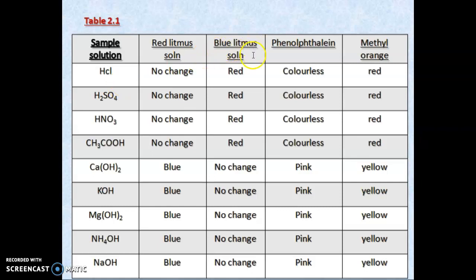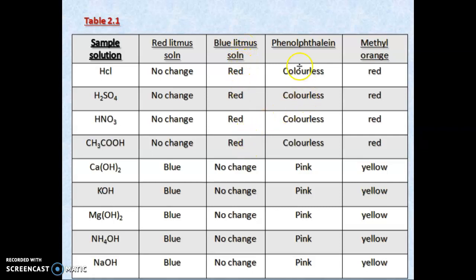With blue litmus solution, the acid changes it to red. Hydrochloric acid changes blue litmus to red. Sulfuric acid also gives red. Nitric acid also changes blue litmus to red. Acetic acid also changes it to red. So for an acid, red litmus paper shows no change, whereas blue litmus paper changes to red.